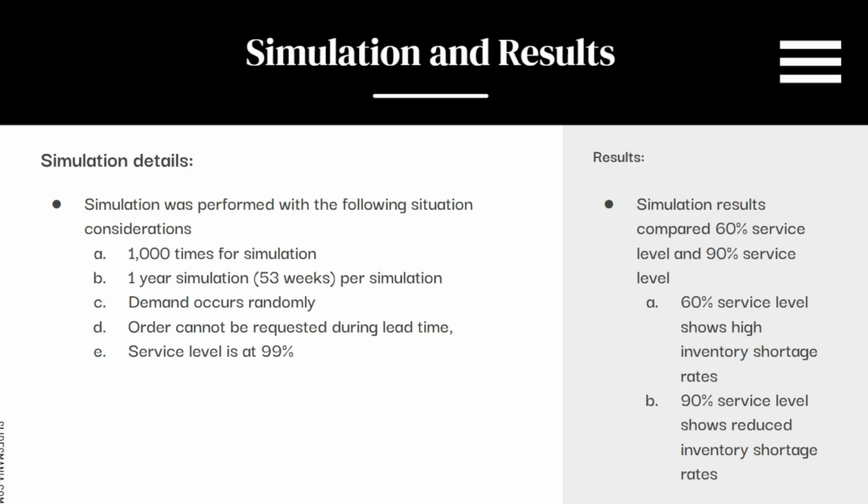When using the developed EOQ model by implementing ARIMA, the service level jumped from 60% to 90%. At 90% service level, the period of shortage rates was 4 weeks, and the inventory shortage count was 1. You can see the difference between the two service levels.